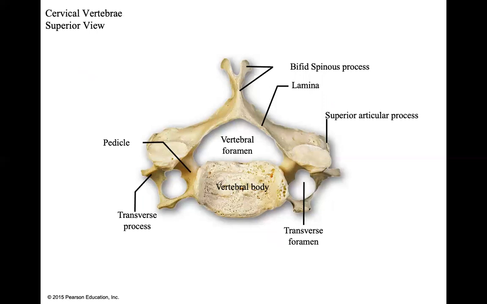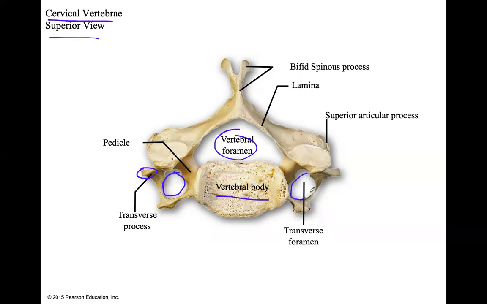When we look at some of the unique features of a cervical vertebrae, and again, it's a superior view, we still have a vertebral body, we still have a vertebral foramen, we have a transverse process. But what's unique about the cervical vertebrae that no other vertebrae have in the spinal column is this hole found in the transverse process.